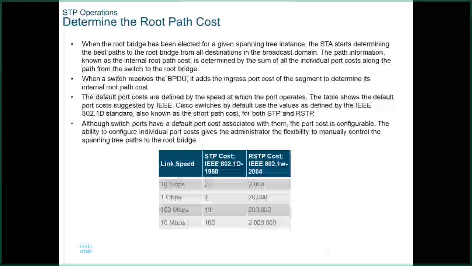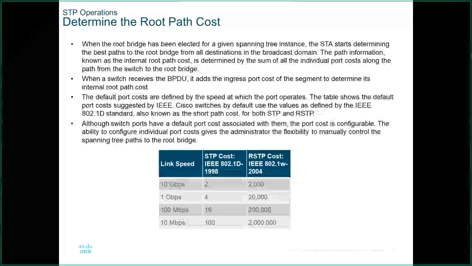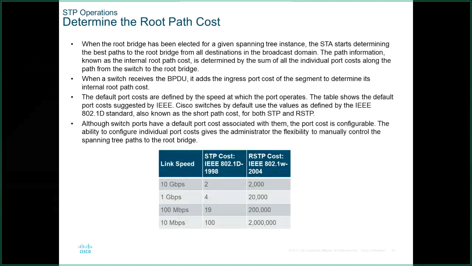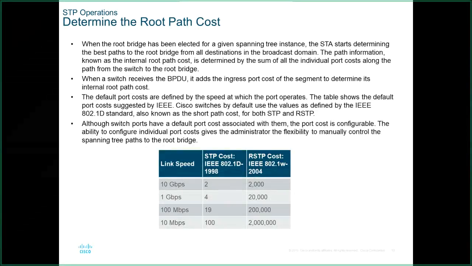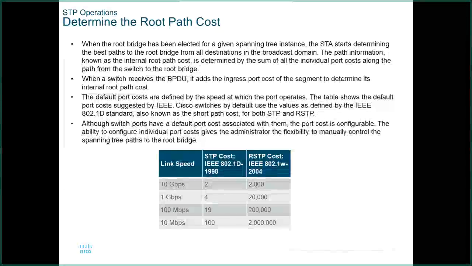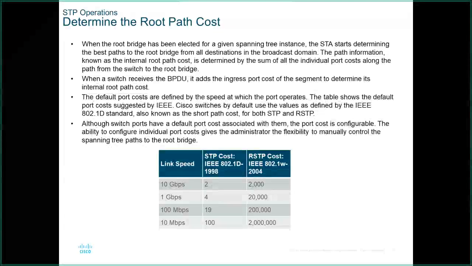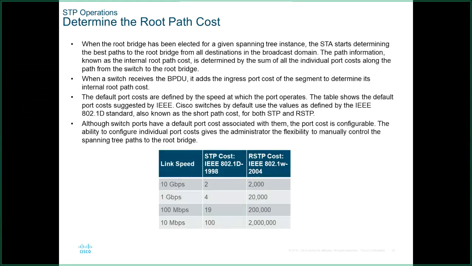Now, these values were changed in 1998 because prior to that, the maximum switching speed anybody thought possible was 1 gigabit per second. Anything from there onwards was a cost of 1. Remember, spanning tree came out of the days when the maximum speed was 10 megabits.